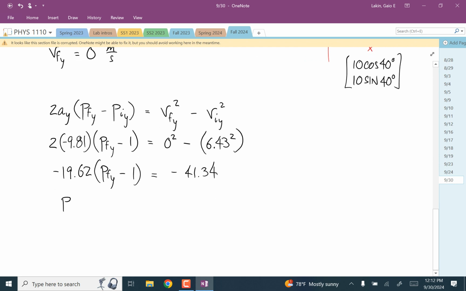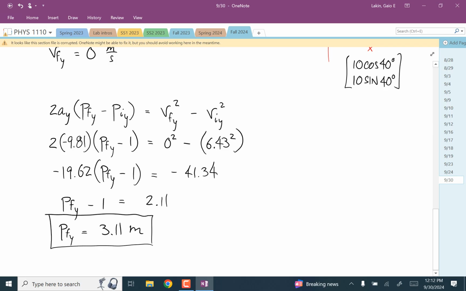You get Pfy minus 1 is equal to positive 2.11. Now add 1 to both sides, and you get Pfy is equal to 3.11 meters. Any question about that first part?